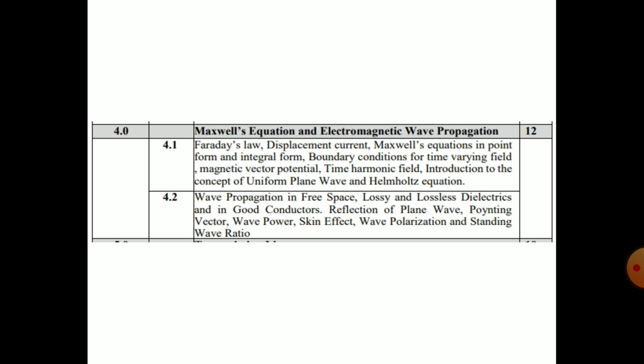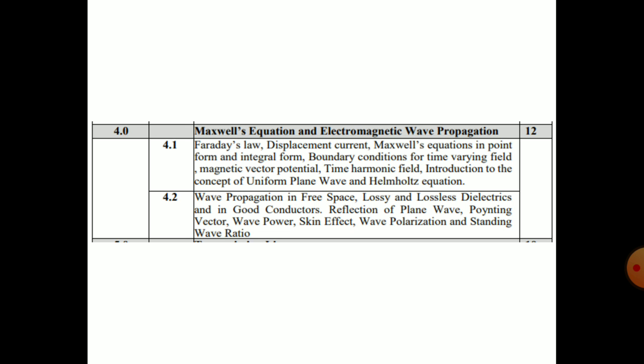Means the charge was not moving, it was steady charge, but that does not work in day-to-day applications, because day-to-day applications are time dependent. So if you are going for time dependent applications, then these theorems should be applied for time variant systems.